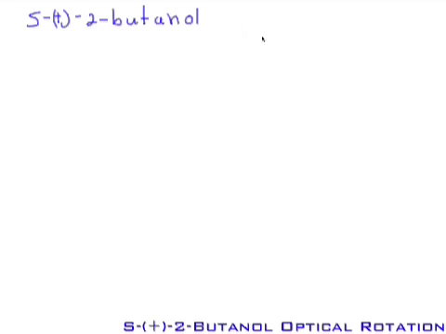The S plus 2-butanol really had an optical rotation of plus 13.52 degrees, and not a rotation to the left. You had to show it does not equal minus 346.48 degrees.